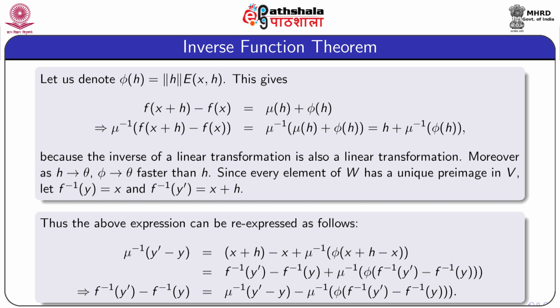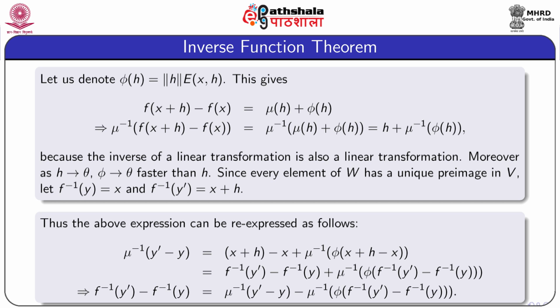Now, mu was a linear transformation, so mu inverse is also. Applying the linearity of mu inverse, we can write this as h plus mu inverse phi h. Moreover, as h tends to 0, phi tends to the origin faster than h. Since every element of W has a unique preimage in V, let f inverse y equal x and f inverse y dash equal x plus h.